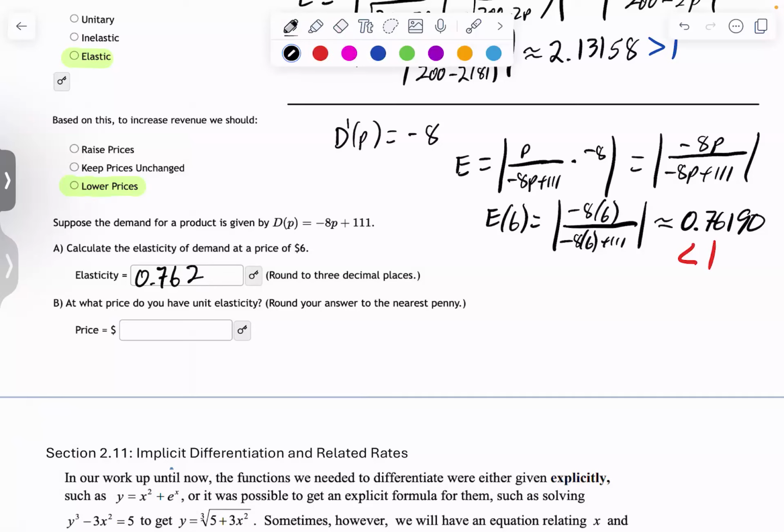And at what price do you have unit elasticity? Okay, what does that mean? That means, what happens when that equals 1. Well, if you remember, first of all, we're assuming p is positive, so the absolute value of -8p is just 8p.